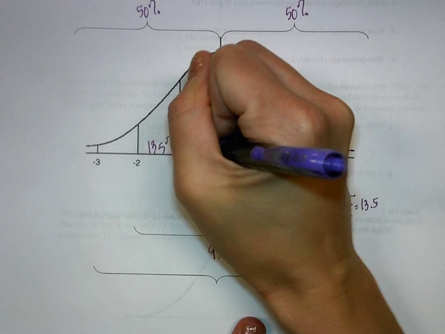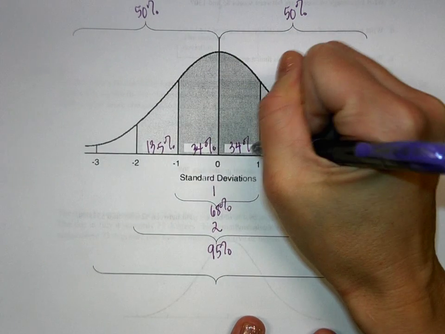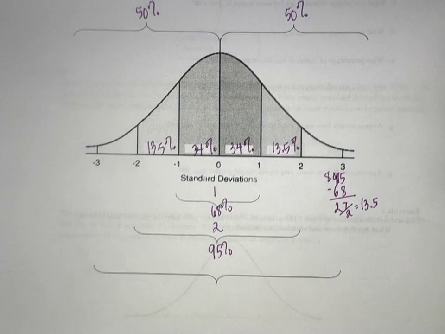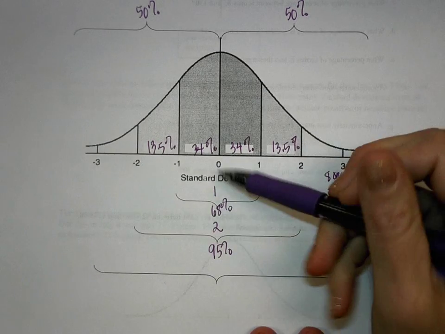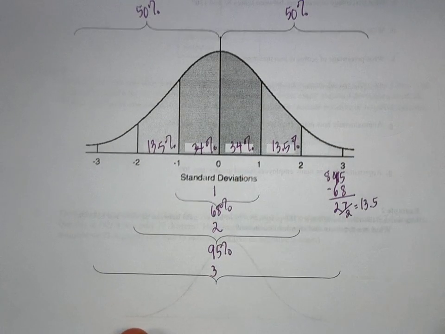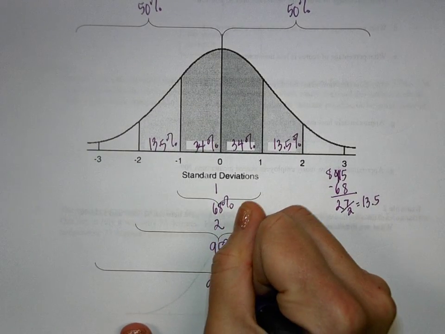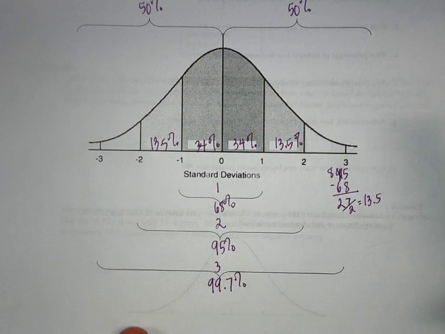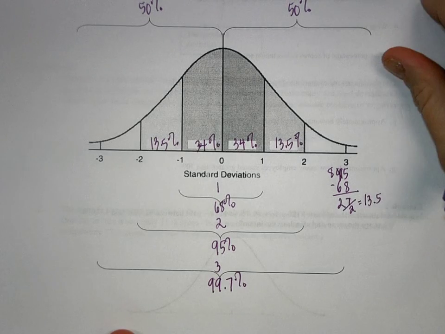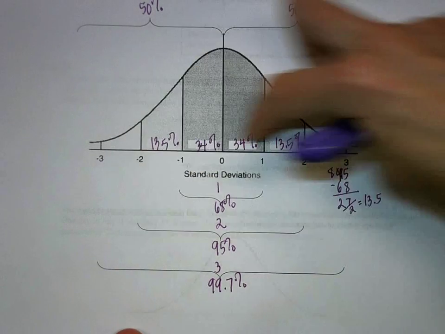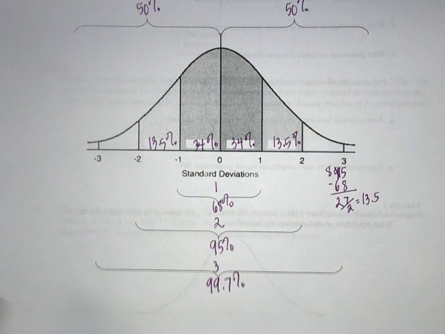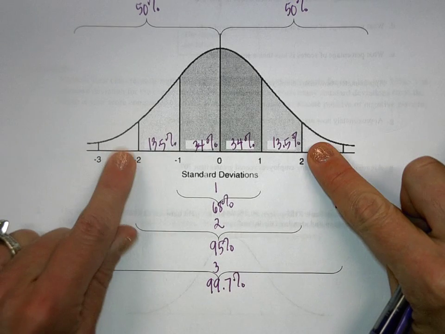And actually, we can make these percents. But really, it's just important that you remember those numbers. Okay, and then the last one, 3 standard deviations, they said was how much? 99.7% of the data is within 3 standard deviations. Okay, so we know that 2 was 95, so how do we figure out how much these 2 little pieces are?